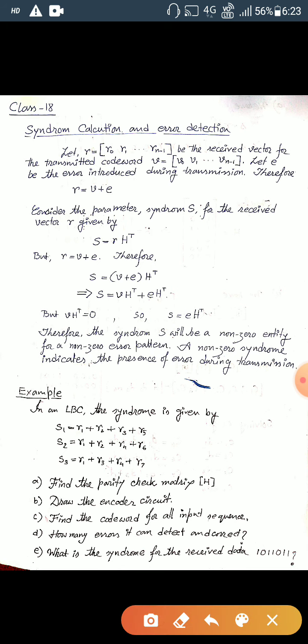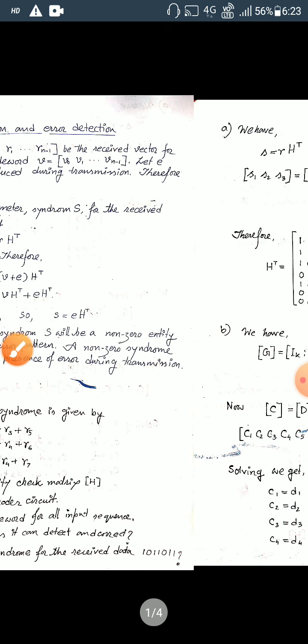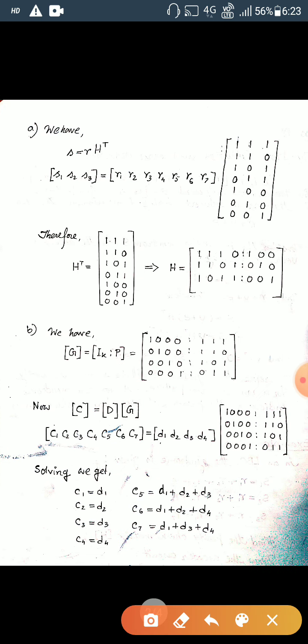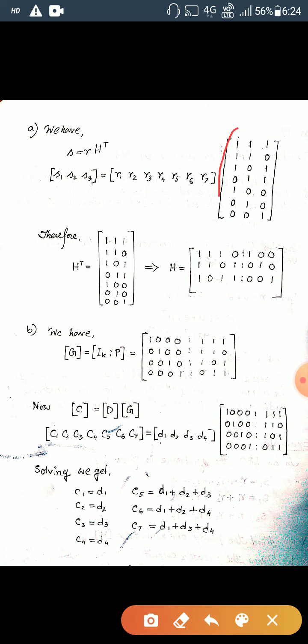R4 is not present, R6 is not present, R7 is not present. Again, I repeat that 4, 6, 7 are not present. So you apply 0 at the 4th position, and at the 6th and 7th positions, making that particular column for the H transpose using the first equation for S1.